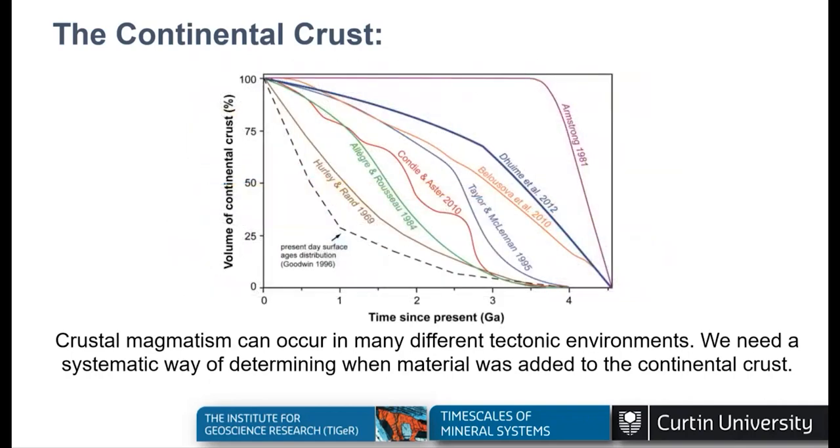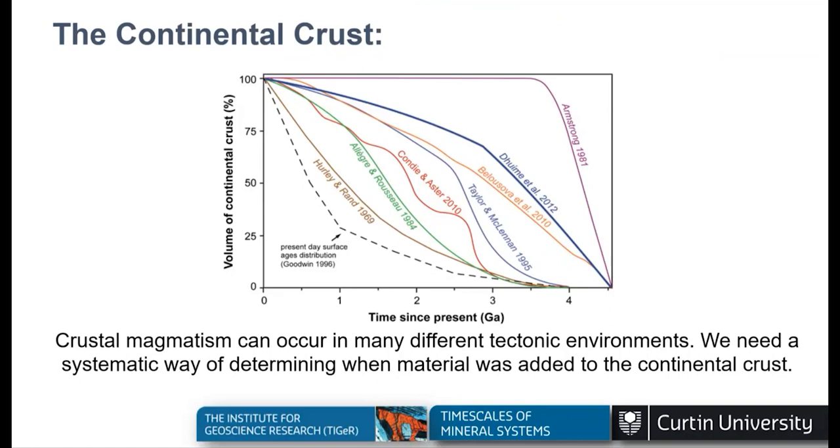So what we would like to do is come up with a curve like this that describes when continental crust was added, or how it accumulated over time. People have been thinking about this problem for a long time. Burley and Rand initially tackled it in 1969, and over time others have tried to improve on that. Some of the earlier models have very little crust forming early on in Earth history, and most of it coming in after 2 to 1 billion years ago.